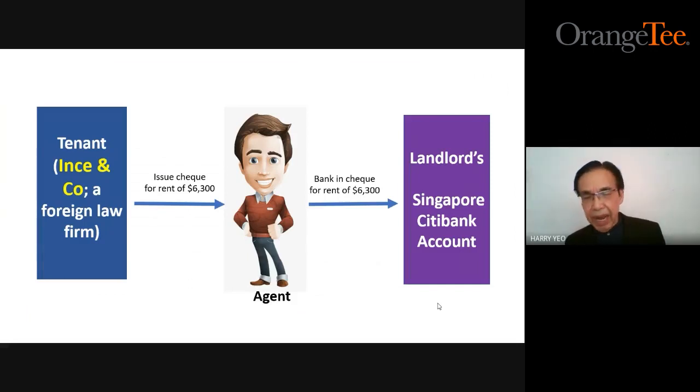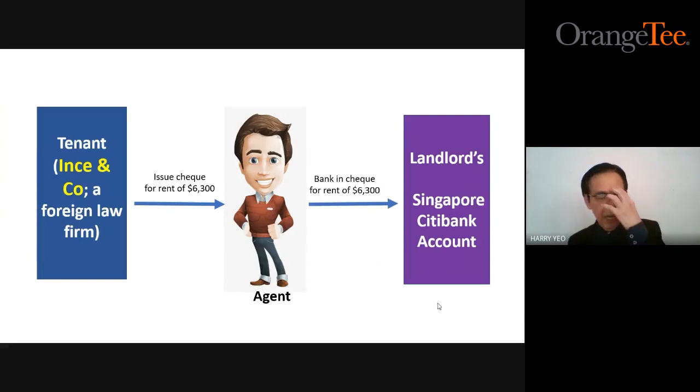The Indonesian client has an apartment in Scotts Road, and the tenant is a foreign law firm called Inns & Co. The arrangement between the landlord and the agent was: agent, you must collect the cheque every month and bank it into my Citibank account. So the agent had been collecting the cheque and banking it into the Citibank account of the landlord.